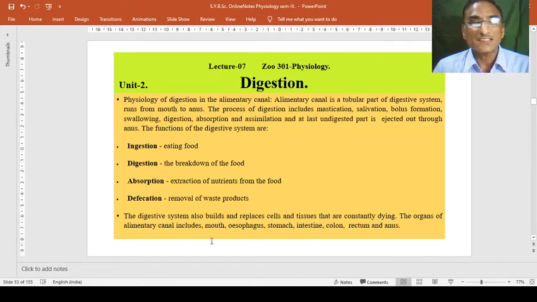The organs of the alimentary canal include mouth, esophagus, stomach, intestine, colon, rectum, and anus. As usual, the digestive system is completed along with this alimentary canal and digestive glands. So both of these together form the digestive system.